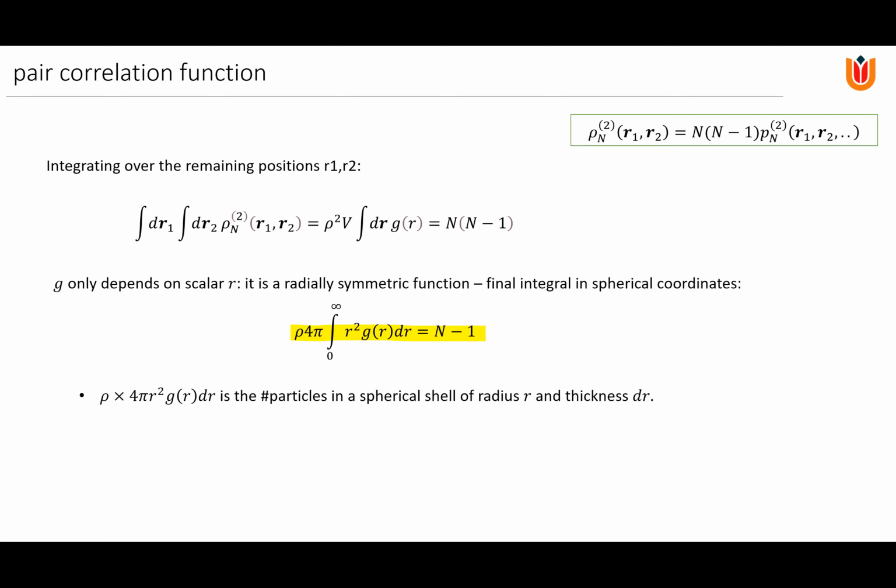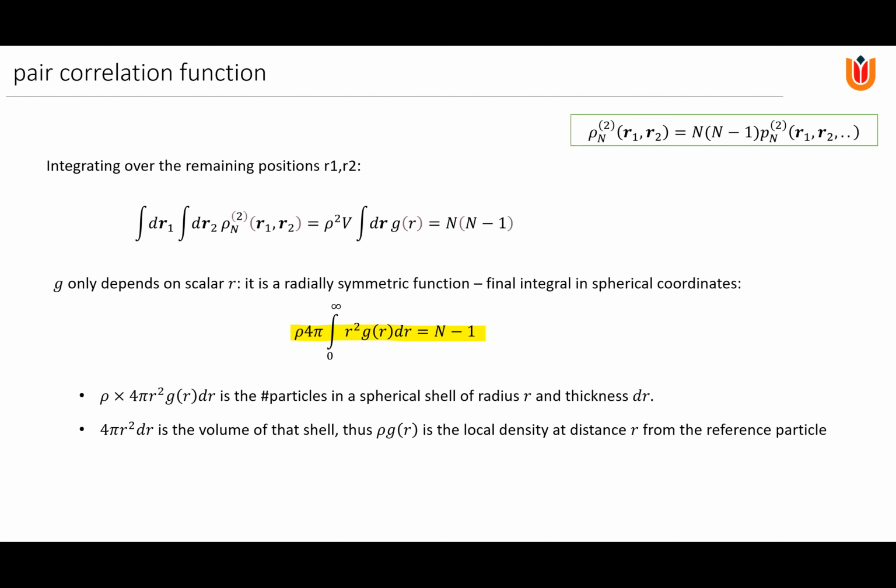Okay. If we calculate rho times 4 pi r squared times g(r) dr, that is the number of particles in a spherical shell of radius r and thickness dr, at the distance from some arbitrary reference particle. Also, 4 pi r squared dr is the volume of that shell.